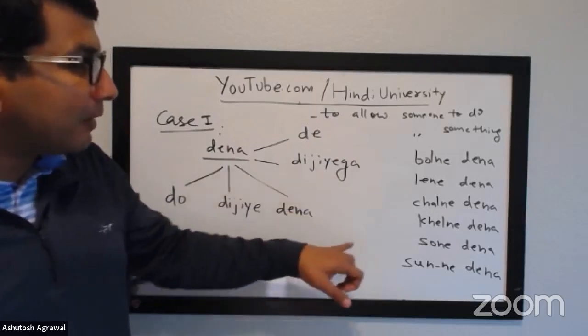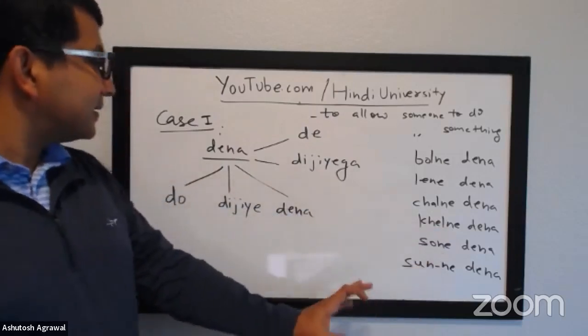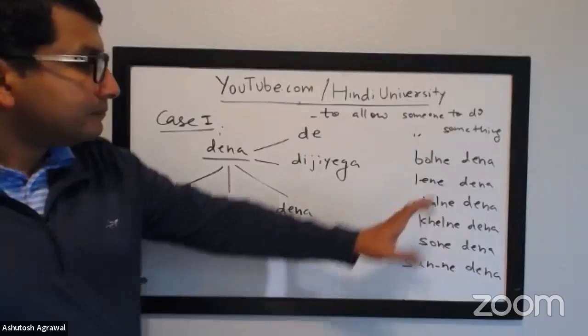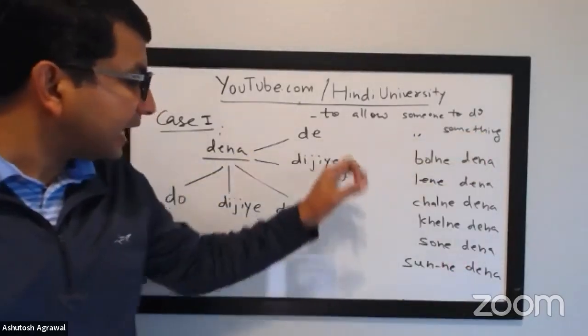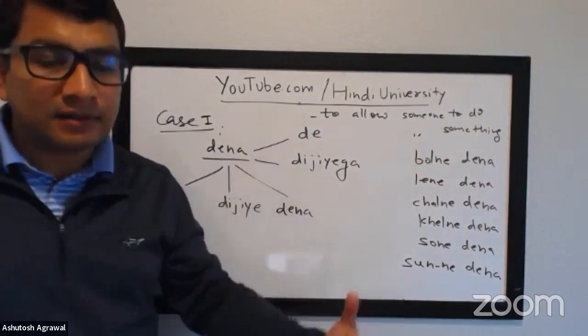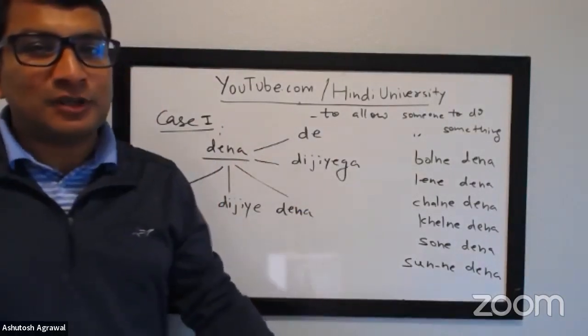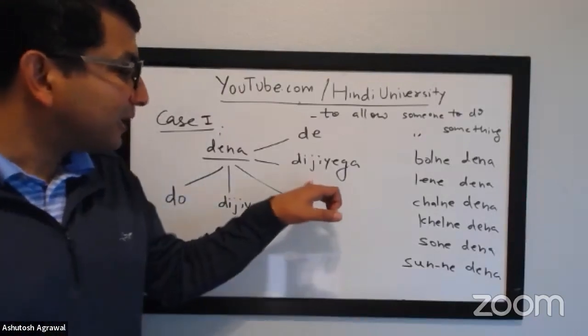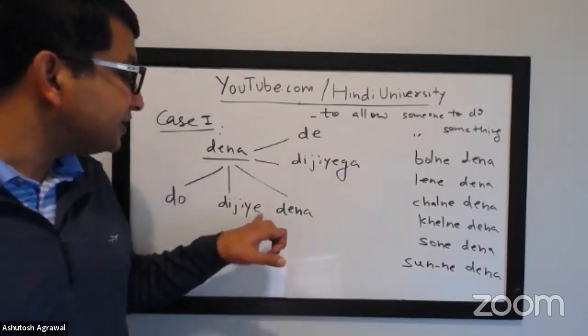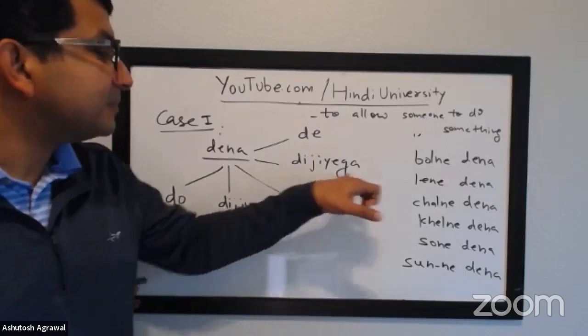Now, what we can do here is, these are the infinitive form, but we can replace Dena with any of these forms to make the request. And the request can be polite or it can be very formal. So if you're making a very formal request, you can say kitab dijiye, or kitab dijiyega.